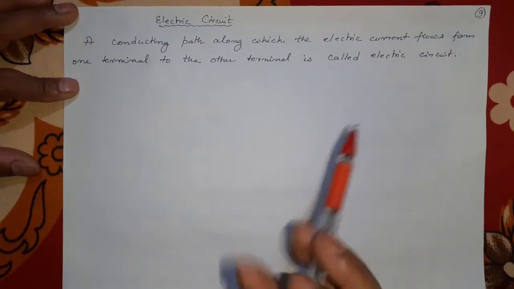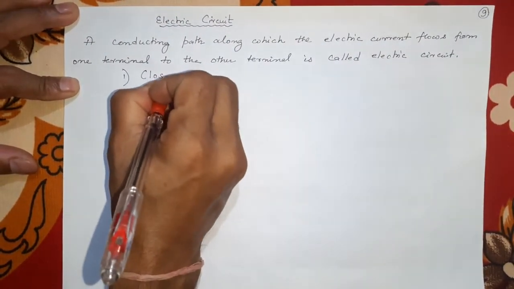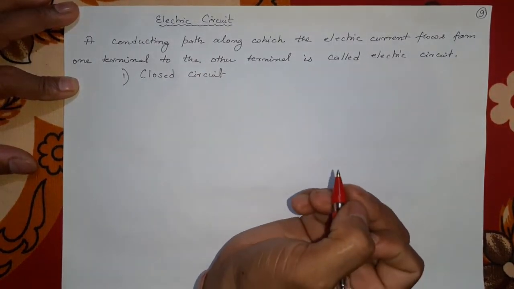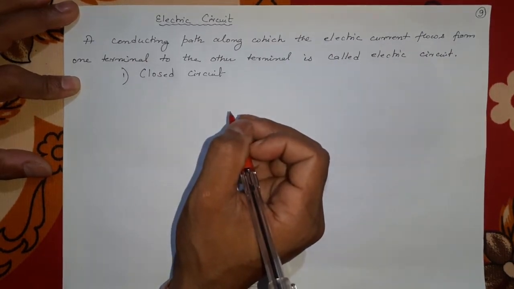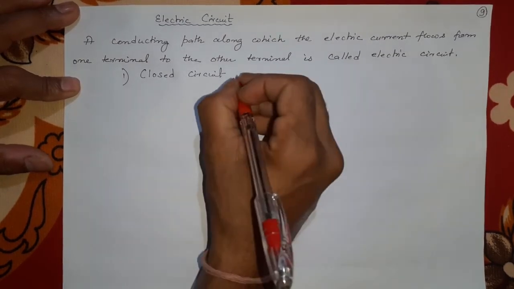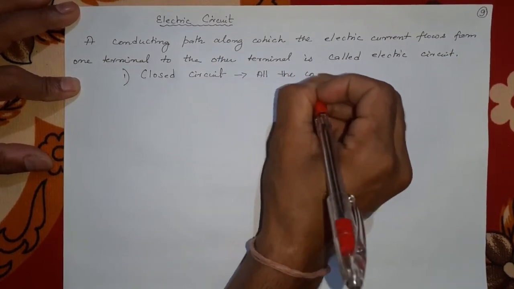Okay, there are two types of electric circuits. The first one is closed circuit, and the second one is open circuit. A closed circuit is the one where all the components of the circuit are joined to one another. There is no broken place.